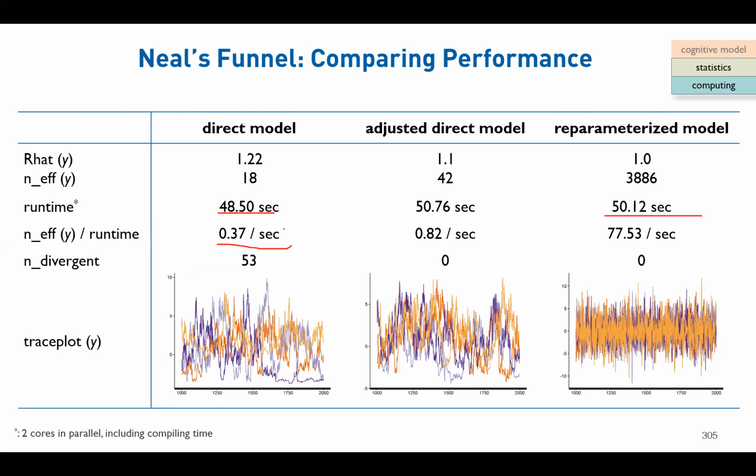But per time unit, the number of effective samples is the more important metric to look at. So per time unit, how many effective samples do we have? This one nearly nothing, this one a lot, right? Good, good.